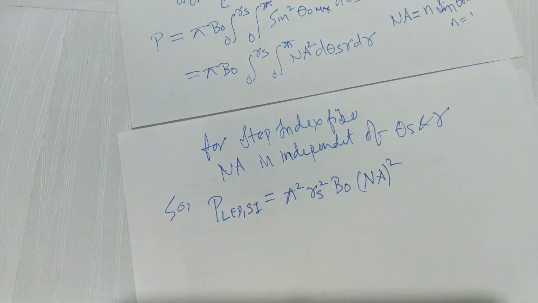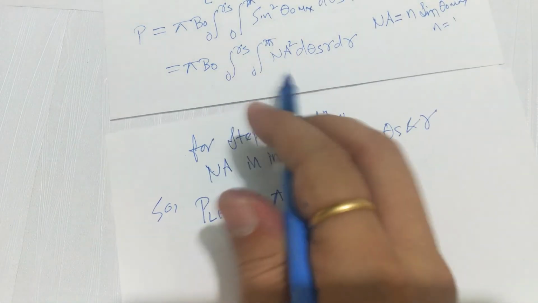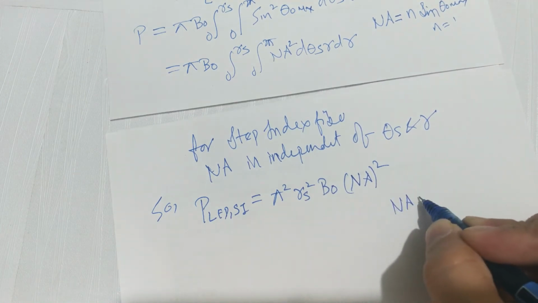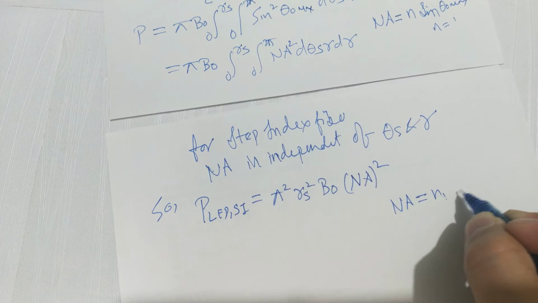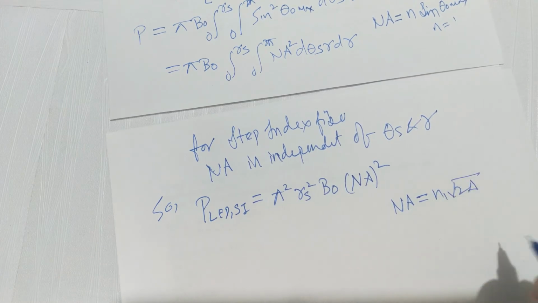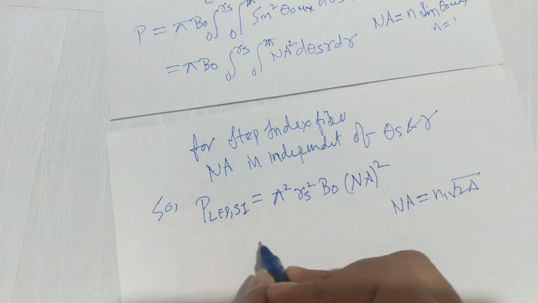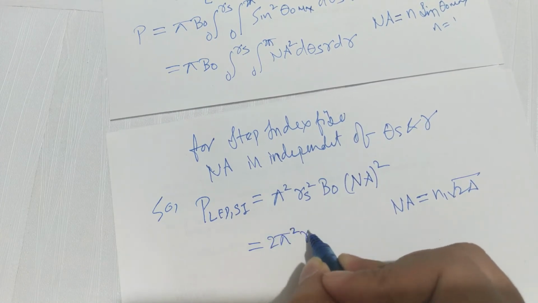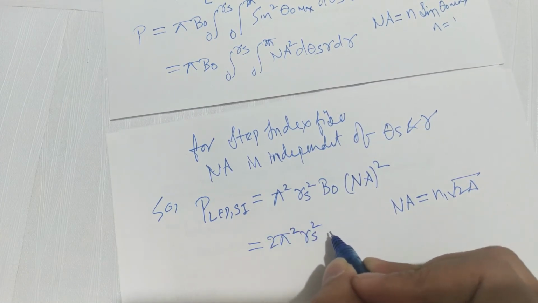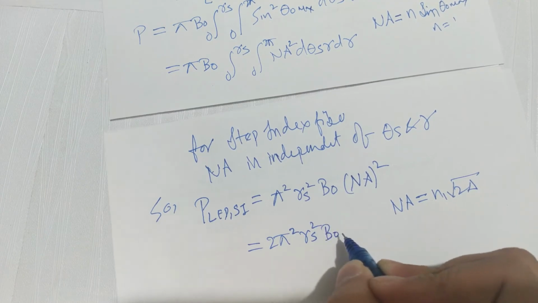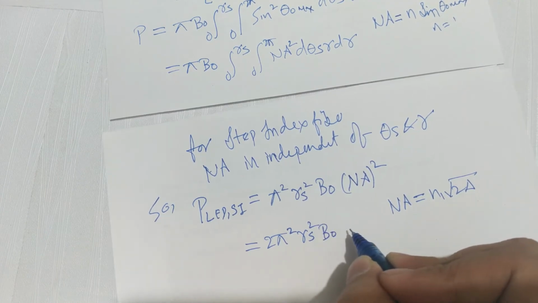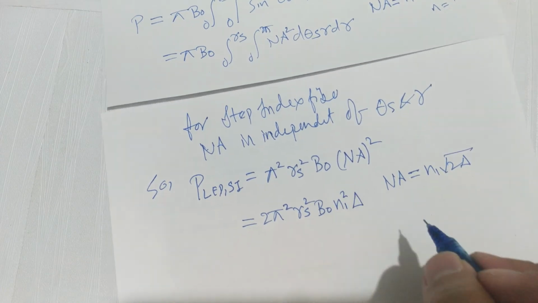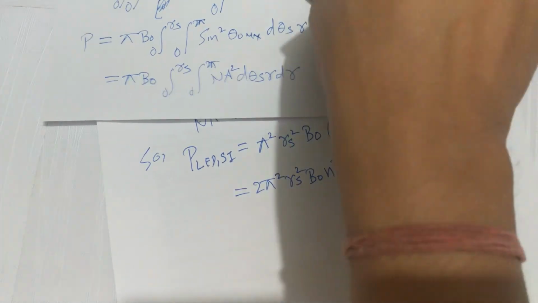You can easily solve this by solving the integration, and we also know that the formula for NA is n1 root 2 delta. So this can be written as pi square r_s square B_0 n1 square 2 delta.